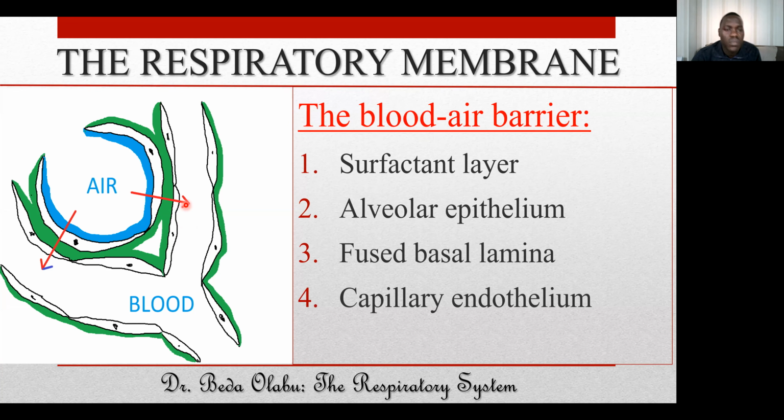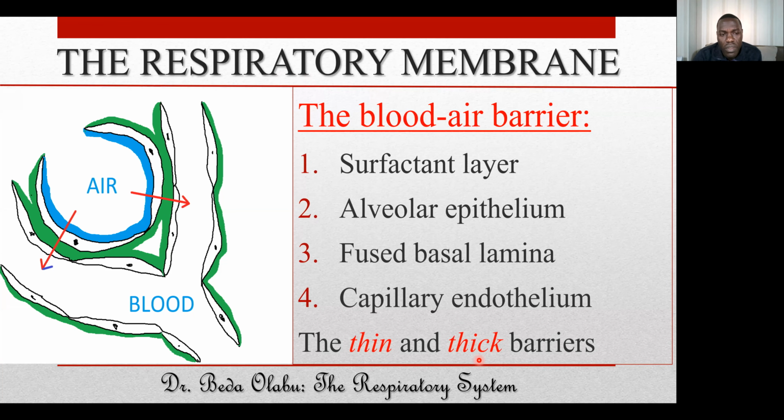So this is the respiratory membrane. This respiratory membrane is called the thin blood-air barrier. The thin blood-air barrier is the tissue barrier where gas exchange takes place through diffusion. The gases diffuse through those structures. That is to distinguish it from the thick blood-air barrier.